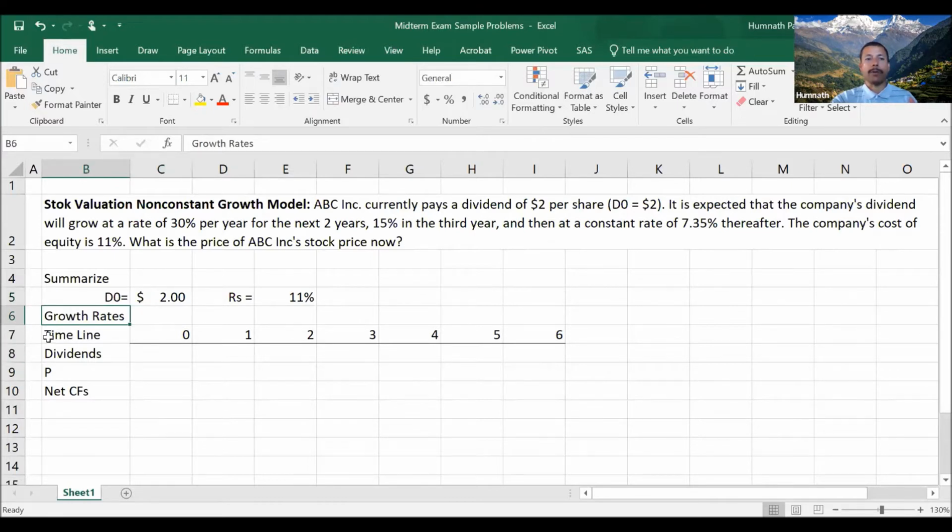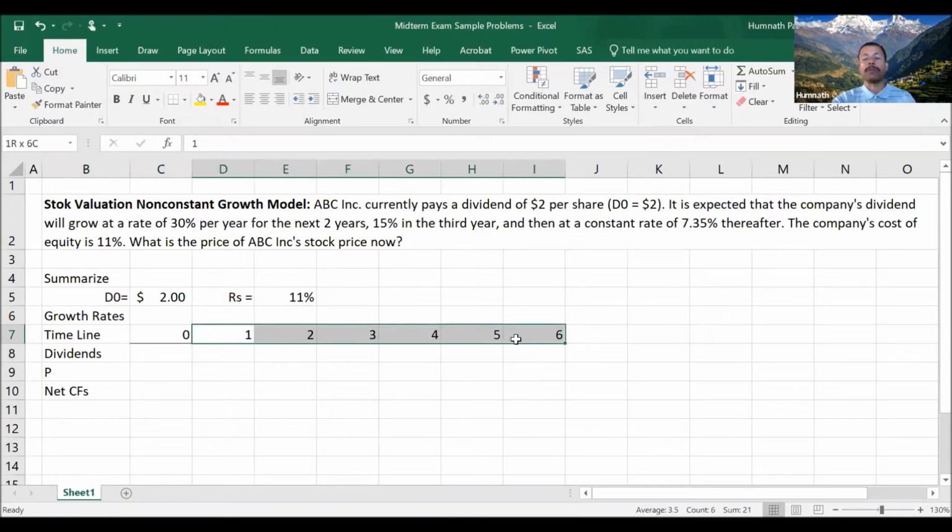While summarizing the growth rate, we're going to draw a timeline. In the timeline, we have time 0, which means right now, and times 1, 2 through 6. I draw just 6 time periods, for example. This is a stock valuation with a non-constant growth model.